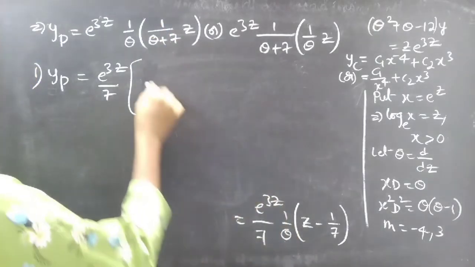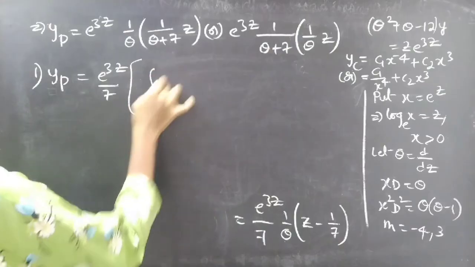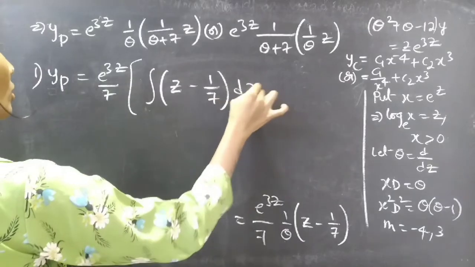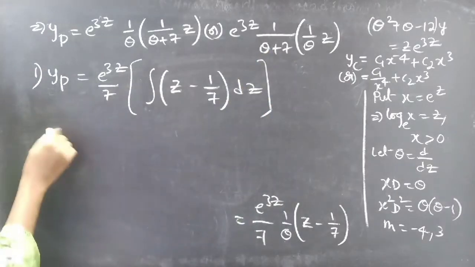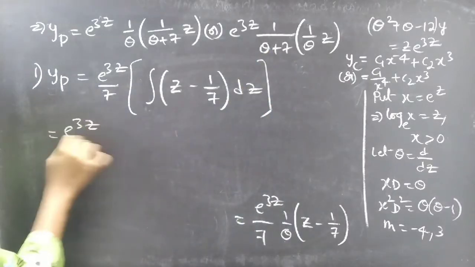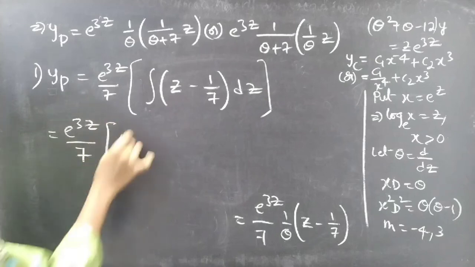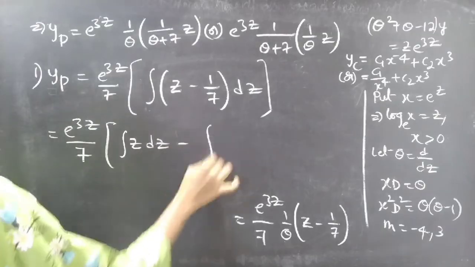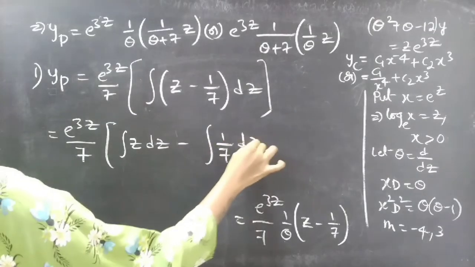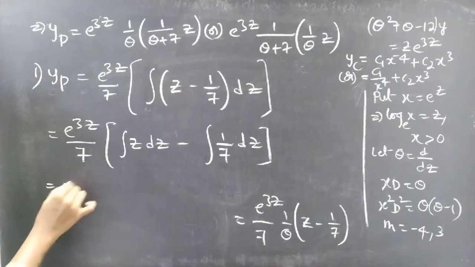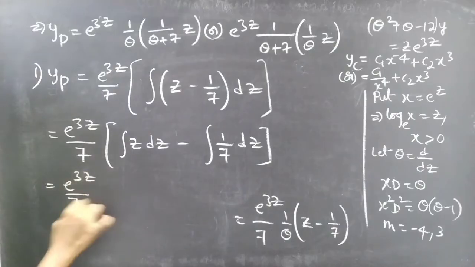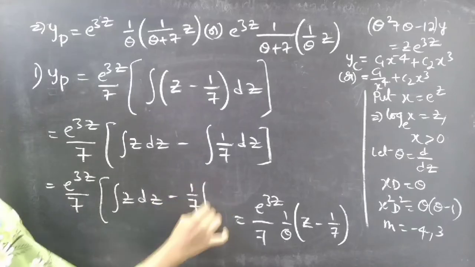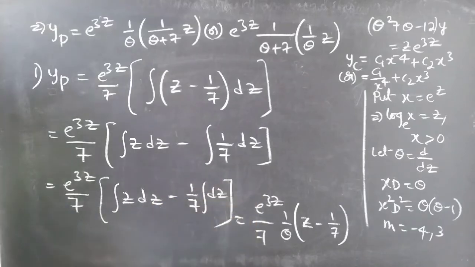We'll just write 1 by theta as integral of z minus 1 by 7 into dz, which equals e power 3z by 7 into integral z dz minus 1 by 7 into integral dz.